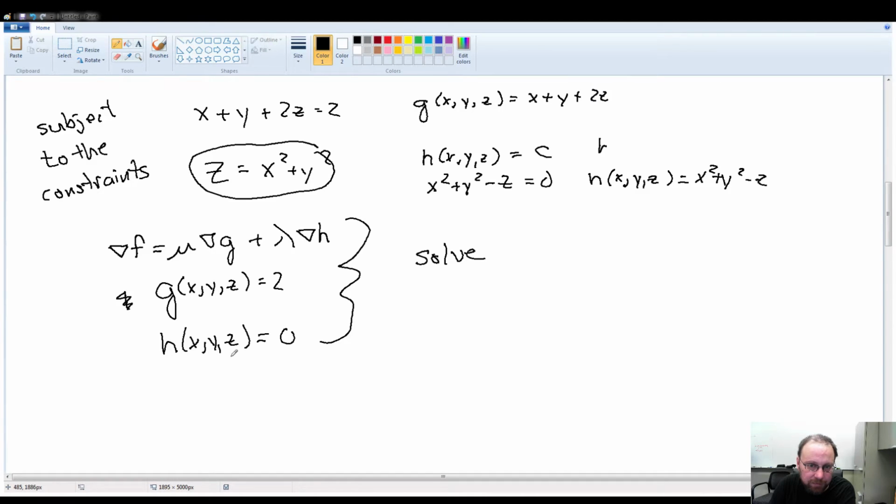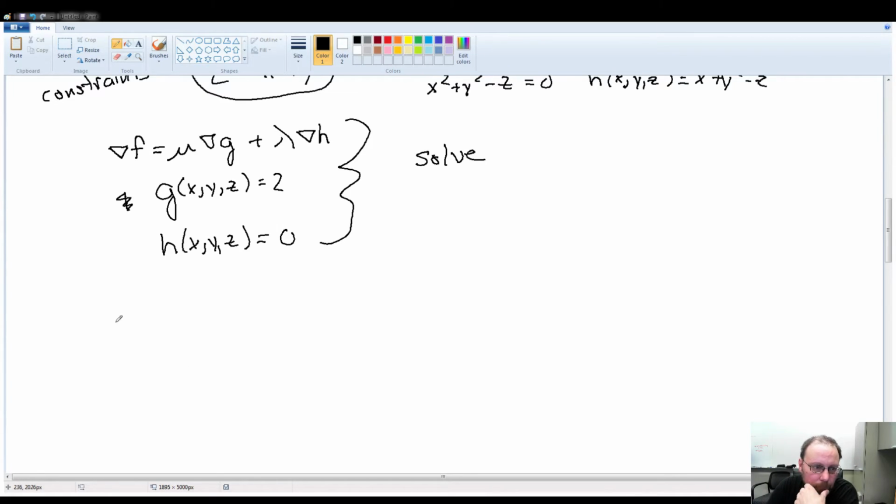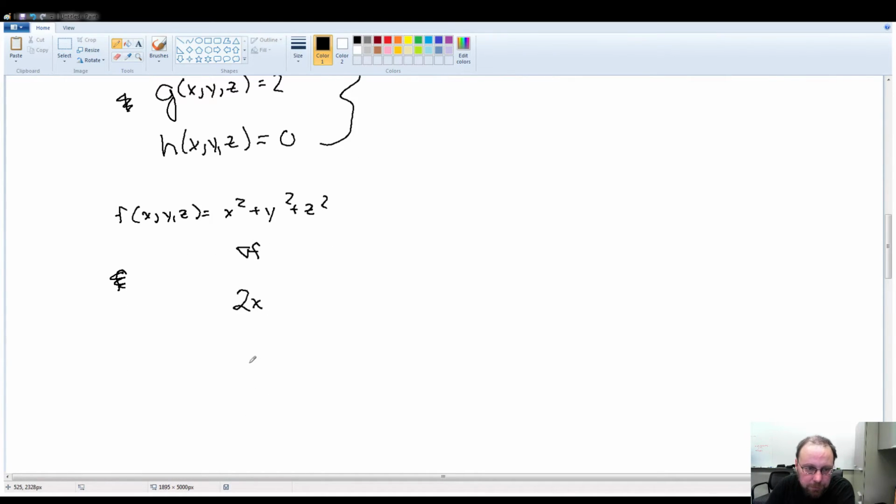All right. So we have f. It's distance squared. And so the gradient of f, if you parse that, is the partial of f with respect to x, partial of f with respect to y, partial of f with respect to z.